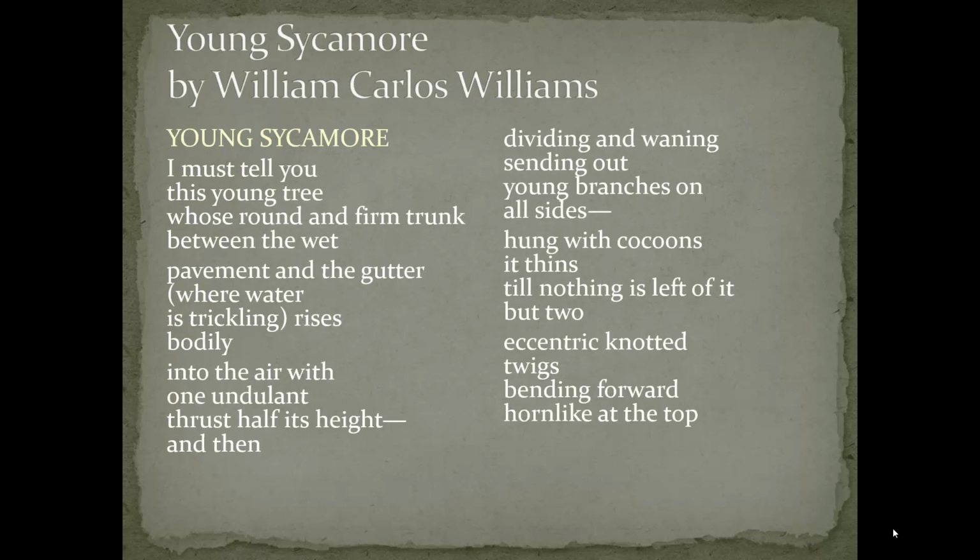And Young Sycamore by William Carlos Williams. I must tell you, this young tree whose round and firm trunk between the wet pavement and the gutter where water is trickling rises bodily into the air with one undulant thrust, half its height, and then dividing and waning, sending out young branches on all sides.